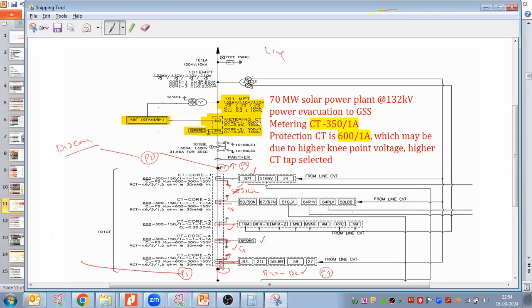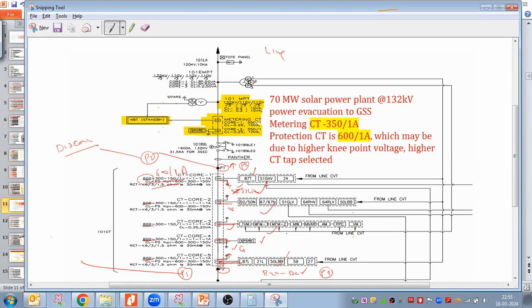Now coming to this metering CT, if you see here, my protection CT has 600 ampere core. There is no problem here. 600 by 1 is okay, acceptable, right? And whichever tap we select, below that tap we do the calculation. So here the 600 tap is selected. That's fine because this CT is utilized for the protection purpose, right? So there is no problem here.